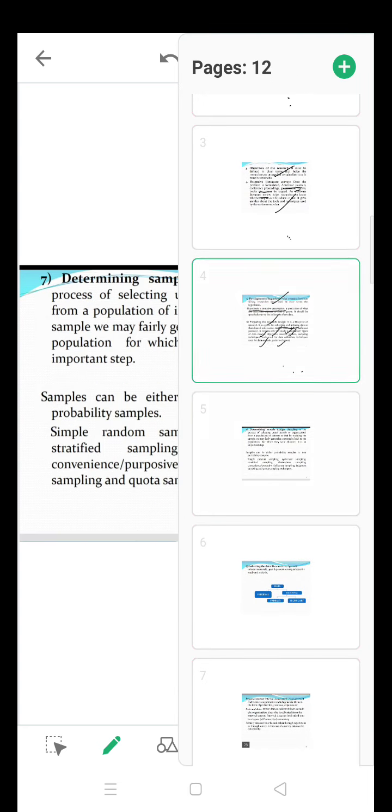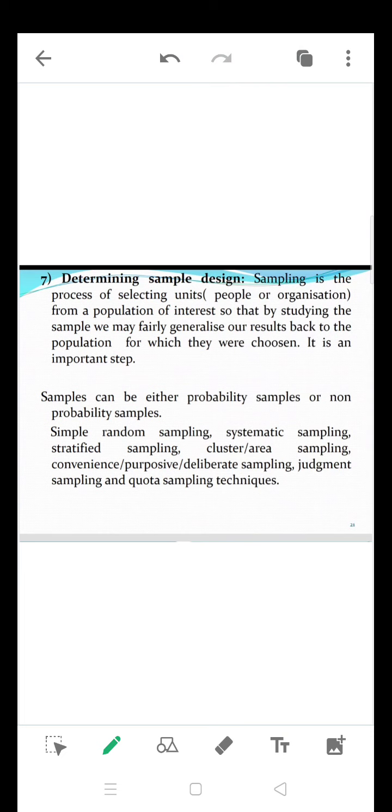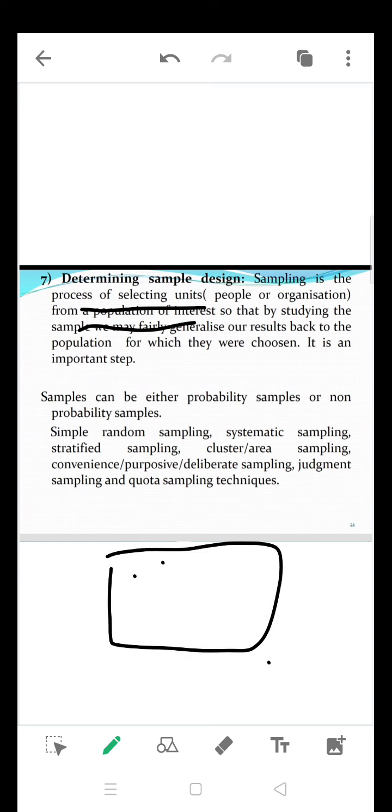So the next step is determining sample design. Sampling is the process of selecting units from a population of interest. Out of the total population, we are going to select only a few, those who have an interest towards my selected topic and my selected problem.